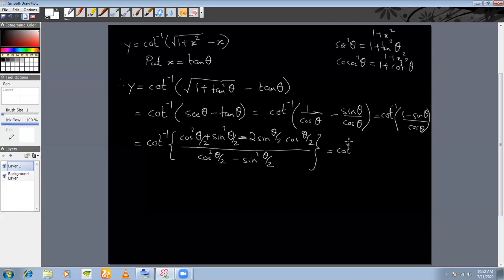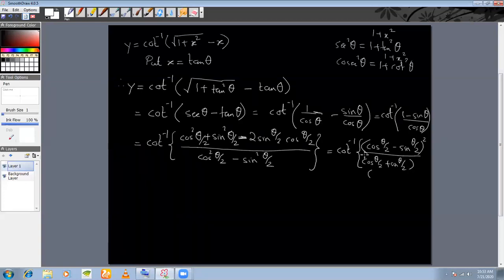So this is cot inverse of cos theta by 2 minus sin theta by 2, whole square, and this is cos theta by 2 plus sin theta by 2 into cos theta by 2 minus sin theta by 2, right?